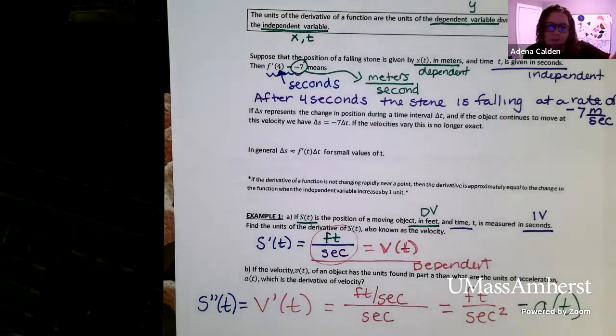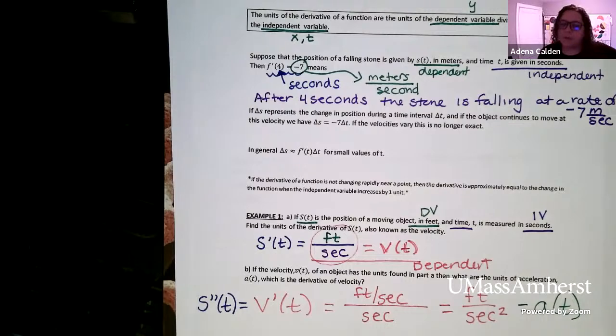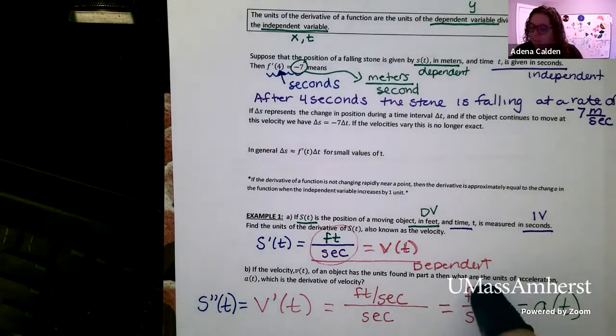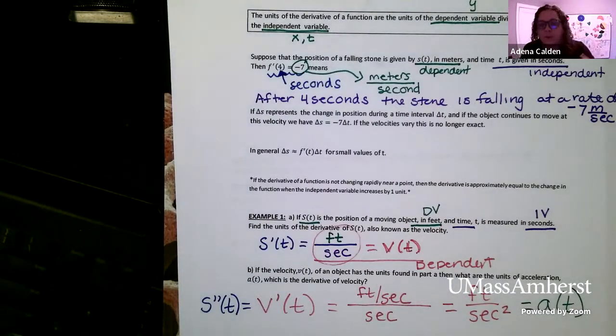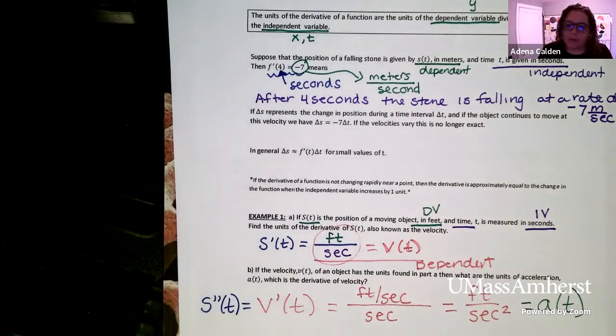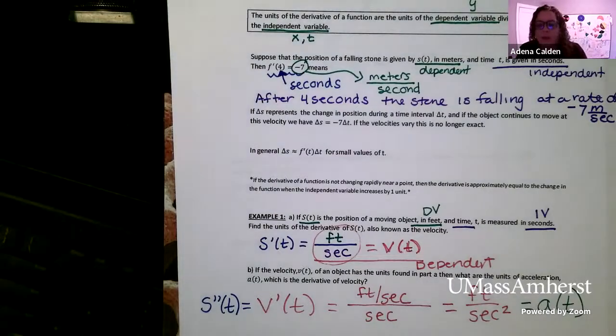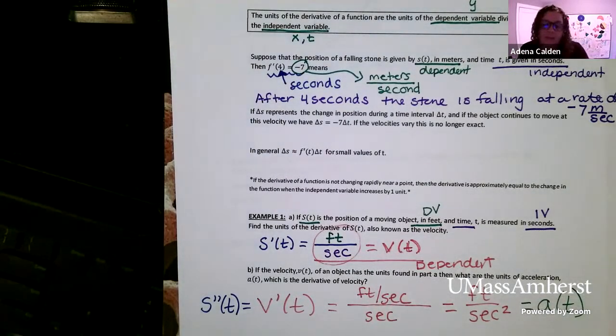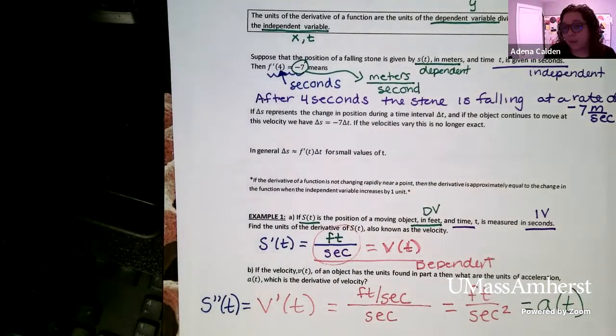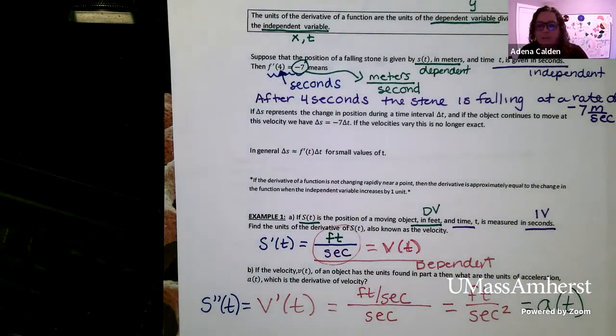So how quickly is your rate of change speeding up or slowing down? And that's going to be in feet per second squared. So there's these three things that we're talking about: position, velocity, acceleration, that are an important part of this conversation, because one of the ways that calculus is applied to a lot of things is through physics. So that's why we're having these sort of conversations.